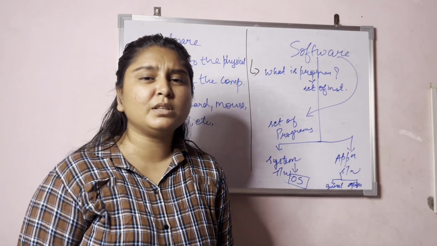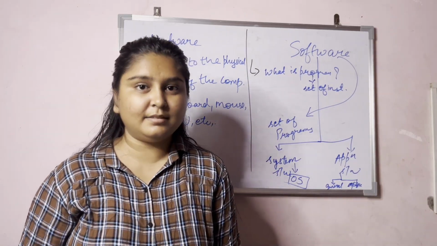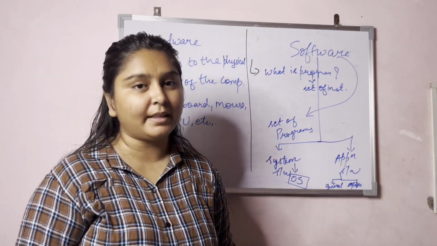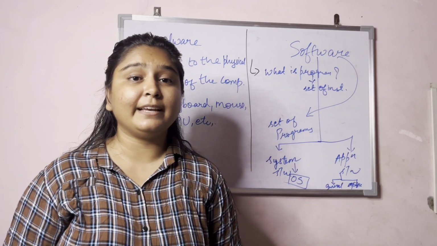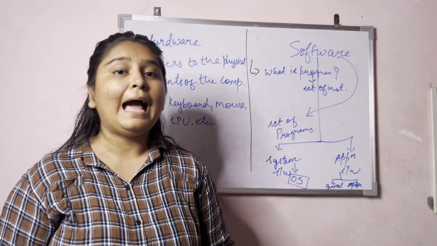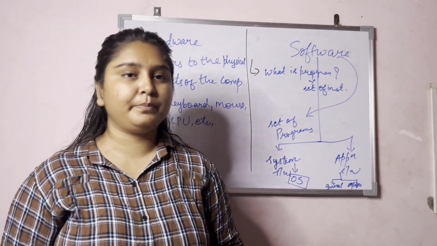So these were the basic things about computer. Now in the next class, or we can say in the next video, we will cover the other basic things about computer, that is the translator programs we have in computer and the types of programming languages available for a computer.